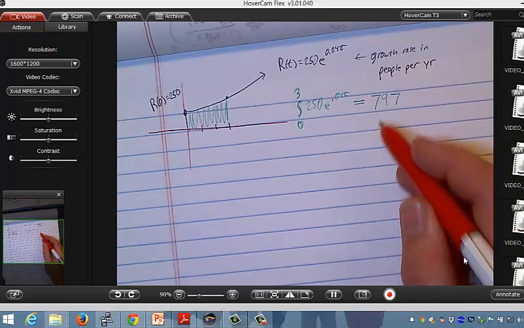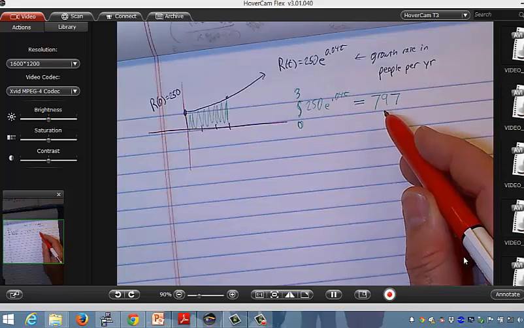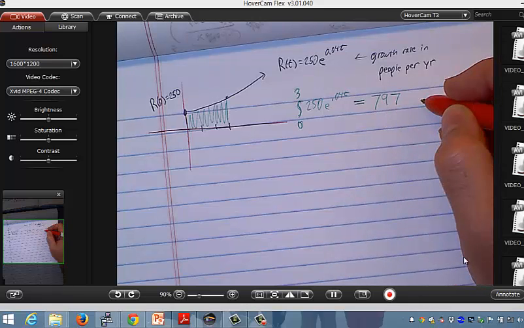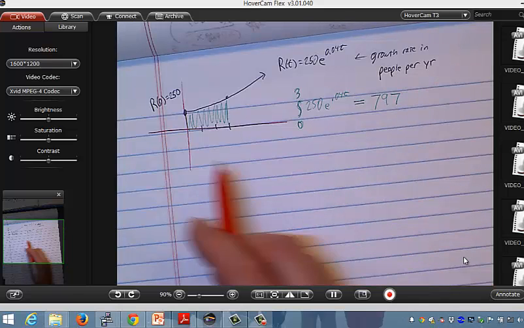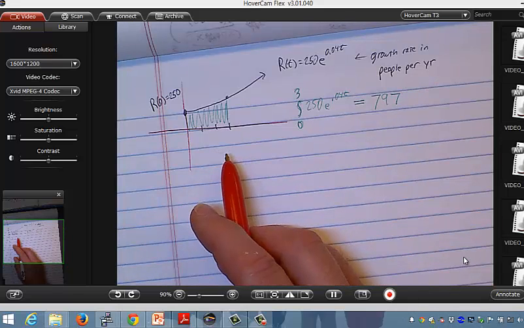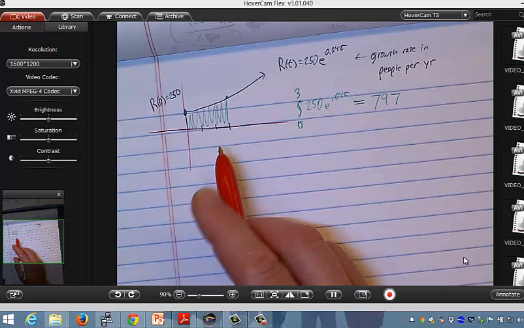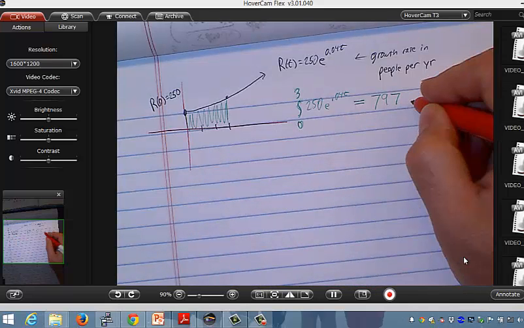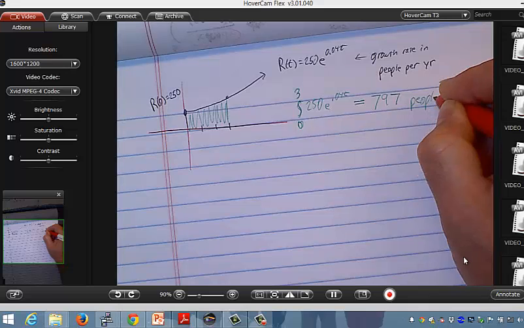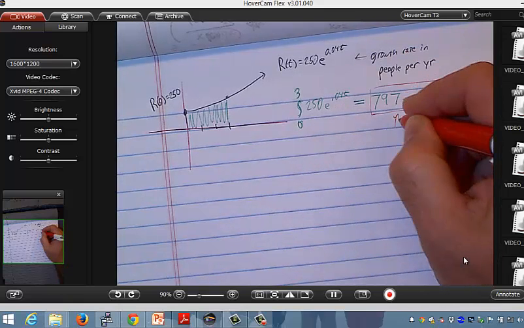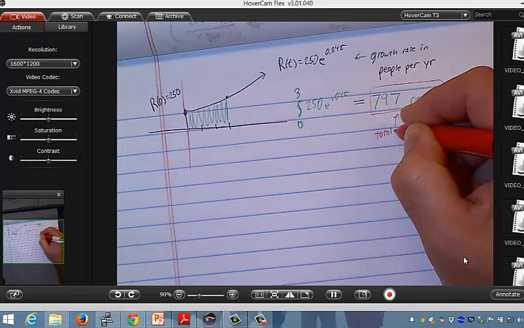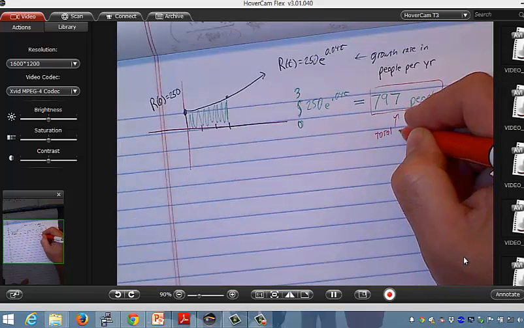Now, what are the units for this 797? How do I interpret the 797? In that 3-year period, the town grew by 797 people. This is the total accumulation of that growth.